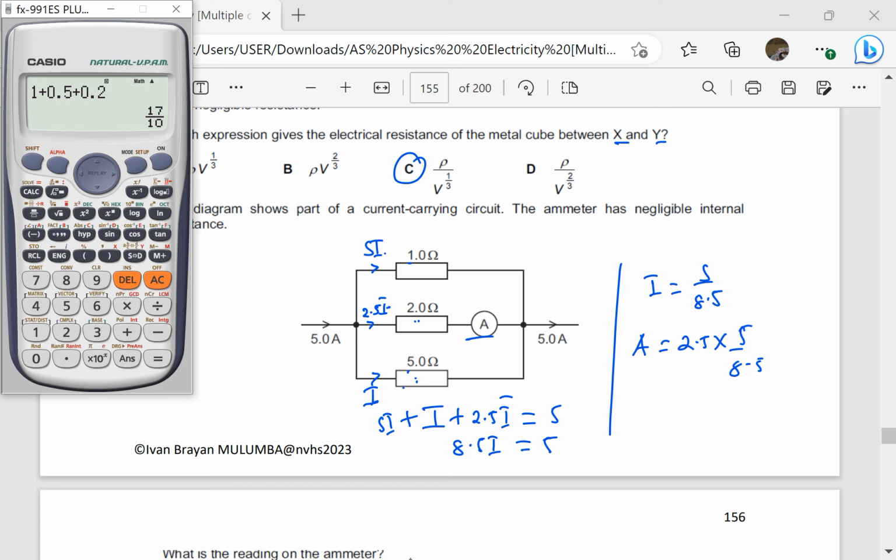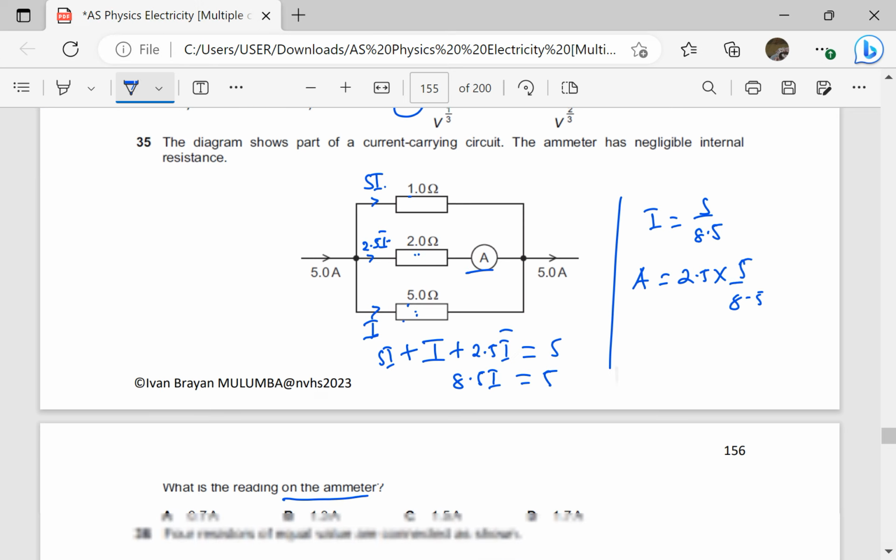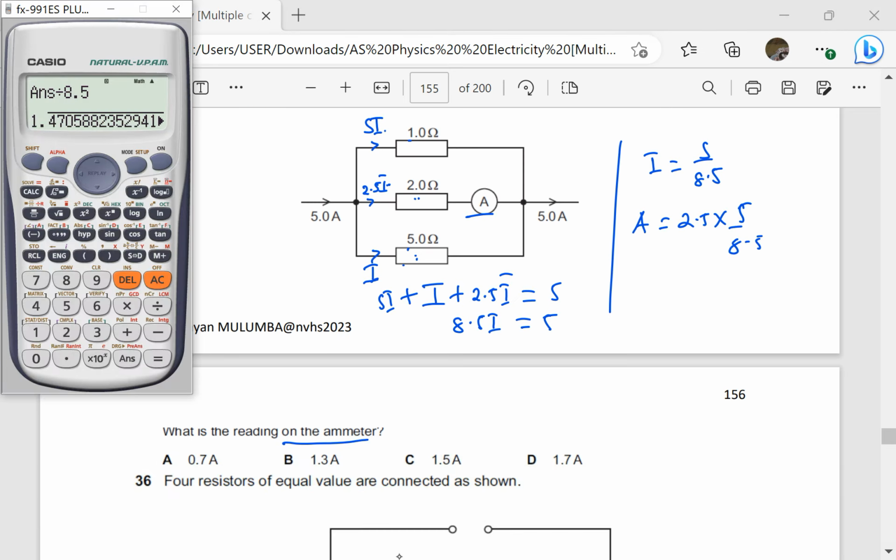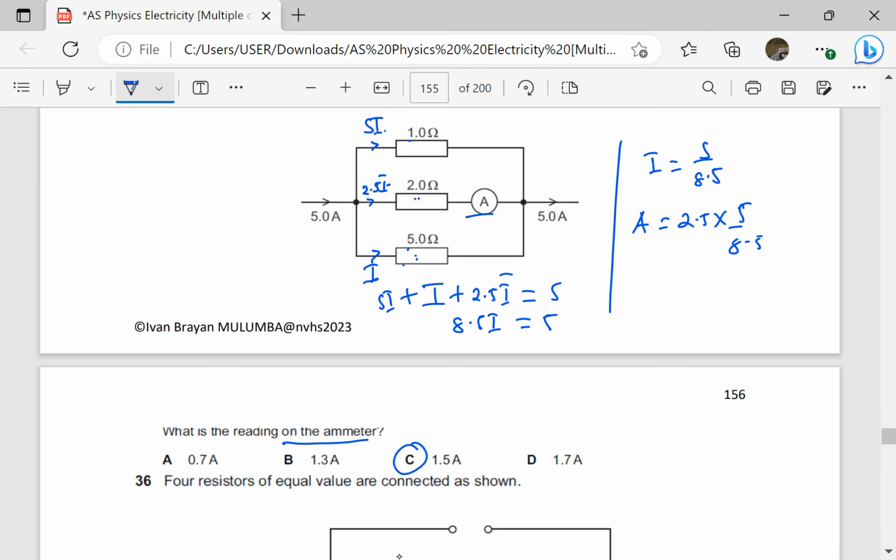So this is going to give us 5 times 2.5 divided by 8.5, which gives us 1.47, which is 1.5. So the answer is A.